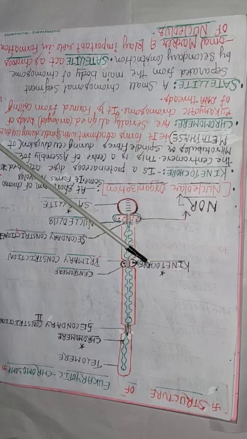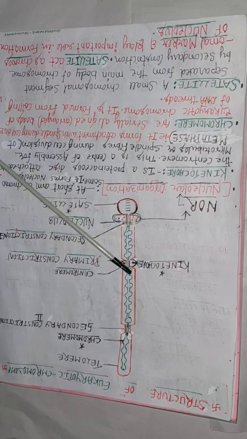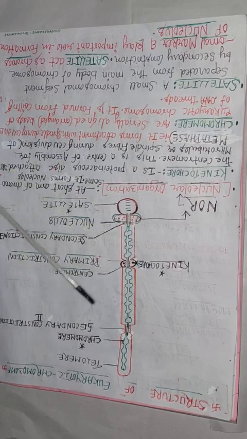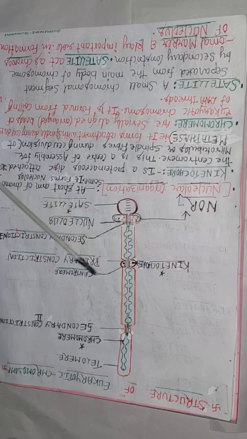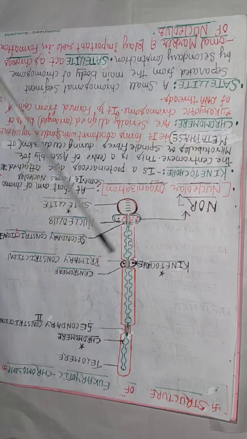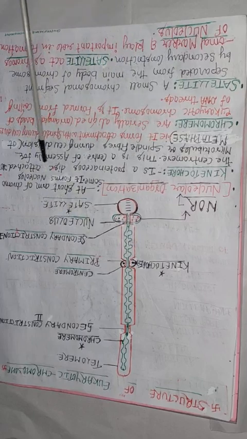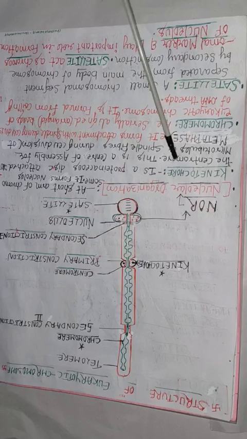You know very well that the chromosome forms attachment with the spindle fiber during cell division. So kinetochore along with the centromere is responsible. And we can observe this attachment at metaphase. So what is kinetochore? It is a proteinaceous disc attached to the centromere.